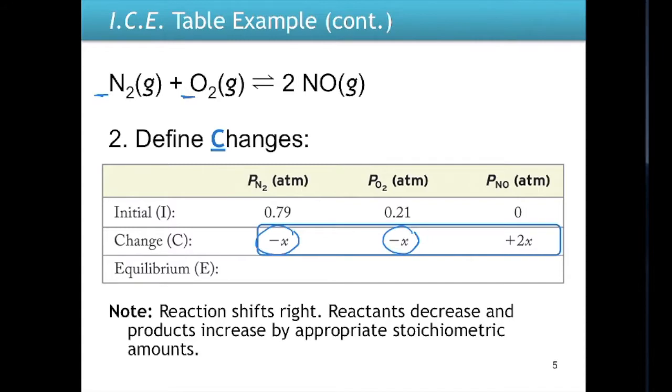Now since we have a 2 for our product, we're going to be adding 2x. Okay, so again, x is just a variable to denote how much of the reactants we're going to lose and how much of the products we're going to gain. Now we know this reaction has to shift to the right because we don't have any products yet. So the concentrations of reactants are going to decrease and the concentrations of the products are going to increase.